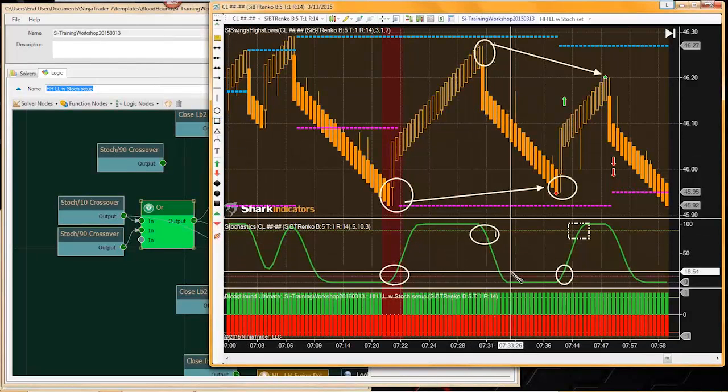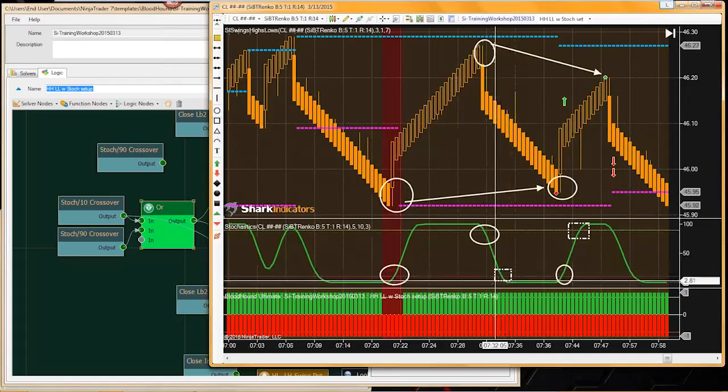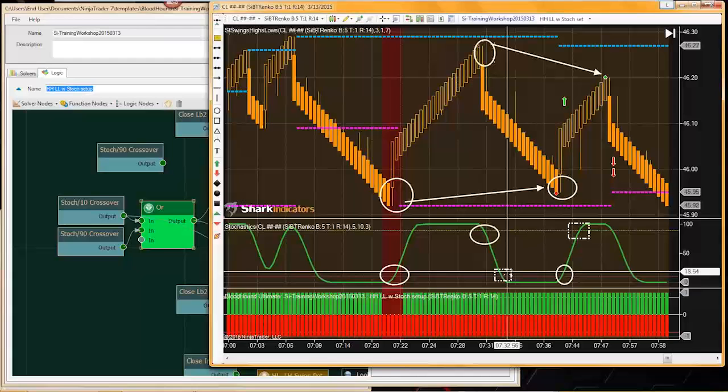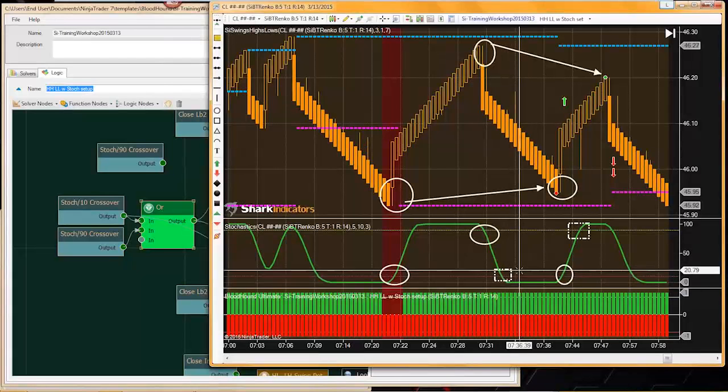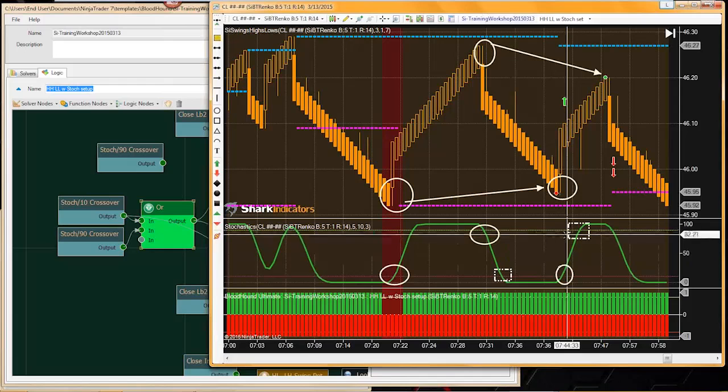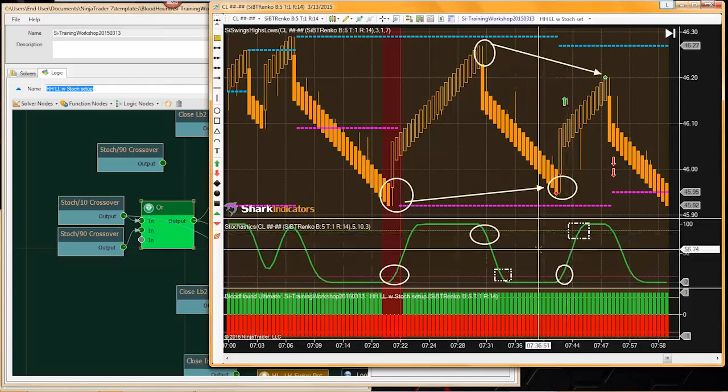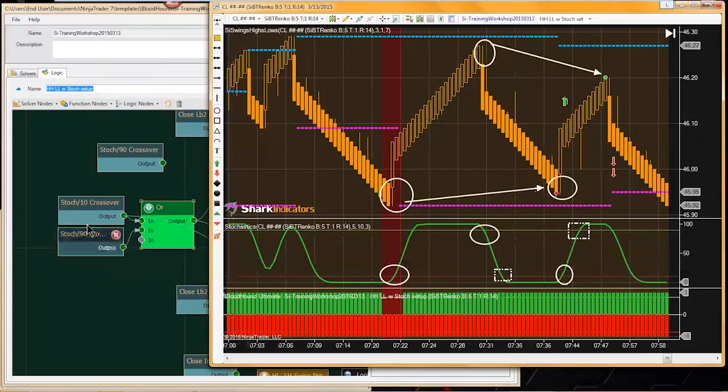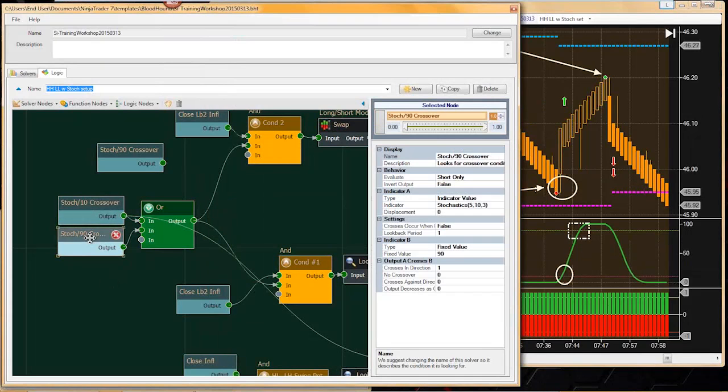So I'm looking for these crossovers on my stochastic as a part of my reset logic. So I'm going to have to build a different set of crossover solvers.